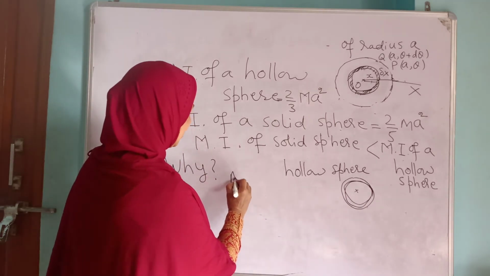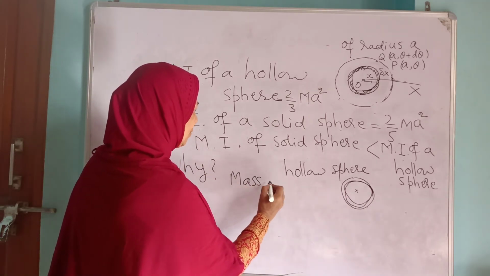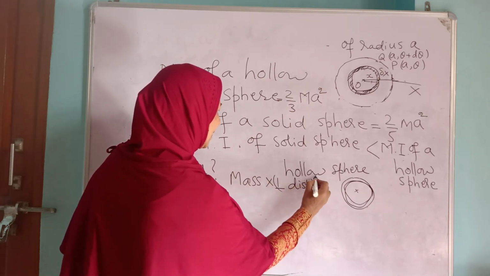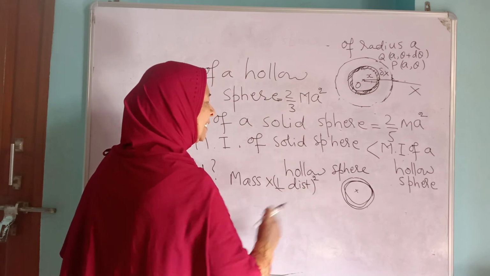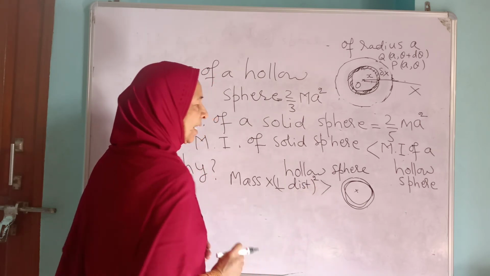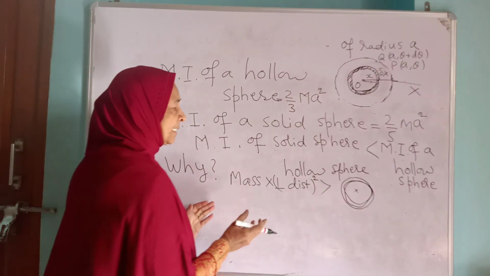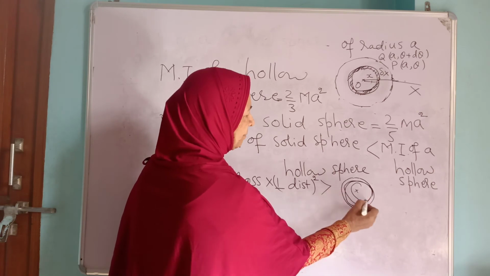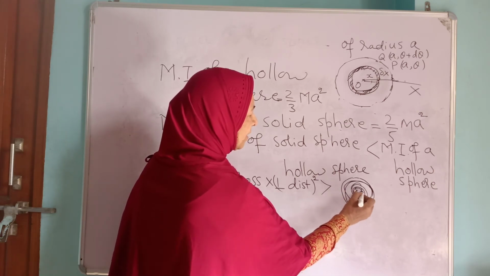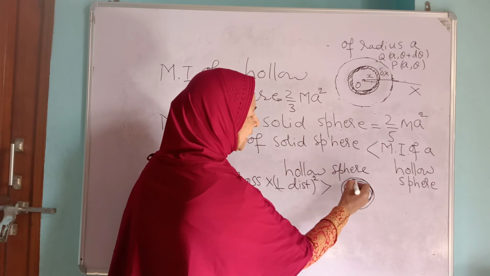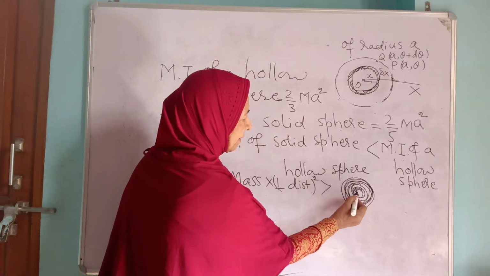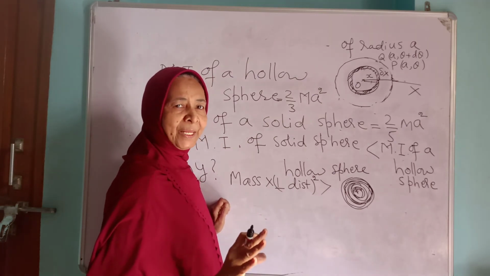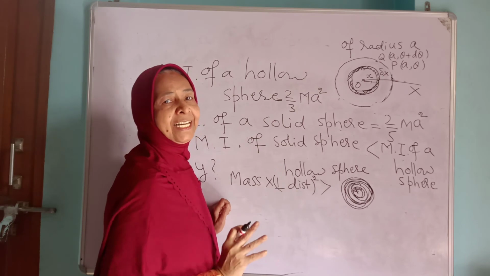So, mass into perpendicular distance square is greater than the mass into perpendicular distance square in the case of a solid sphere. Why? Because in a solid sphere you have the matter distributed evenly. The matter is the same, whose mass is capital M, but it is distributed evenly.